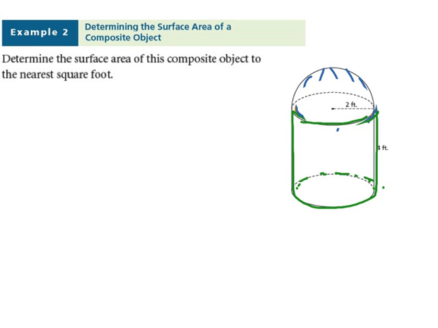So there are two shapes to consider, a sphere and a cylinder. Let's talk about the cylinder and the sphere together. The surface area for a sphere is 4 pi r squared.